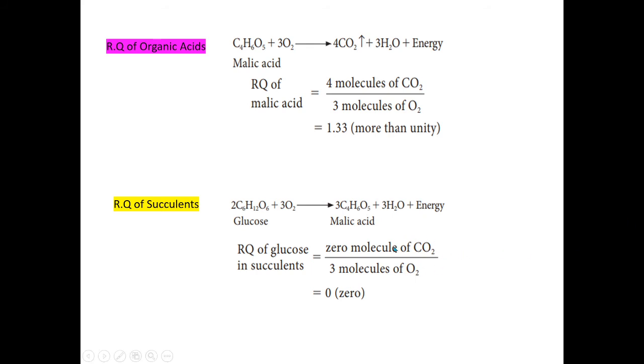Carbon dioxide is not evolved, only oxygen is absorbed. So the RQ value is always 0. You need to remember this. In succulents, the RQ value is always 0. Organic acids more than 1, carbohydrates 1, proteins 0.8, and fats 0.7. You need to remember all these things.